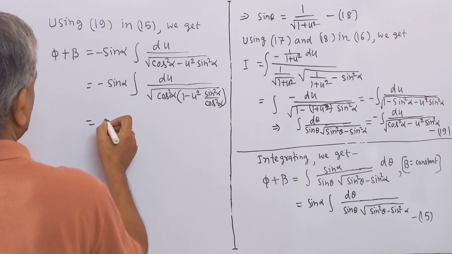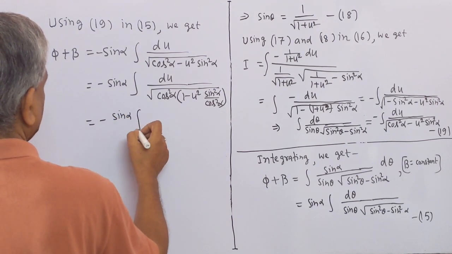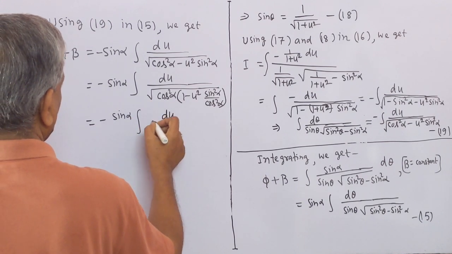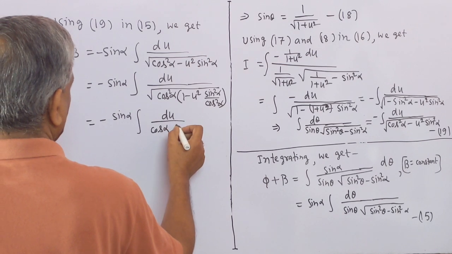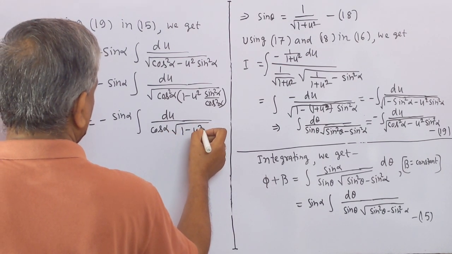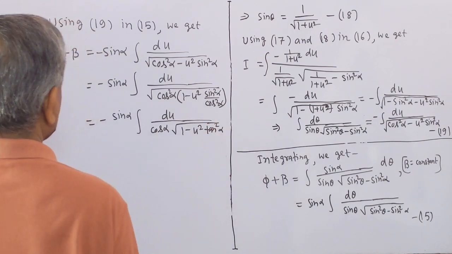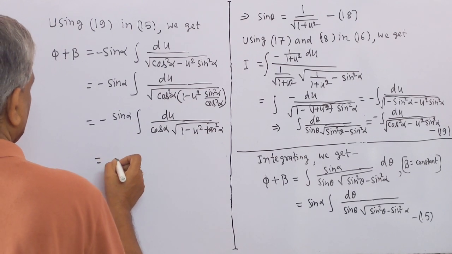This equals minus sin alpha integration, we take this outside, du by cos alpha, square root of 1 minus u square tan square alpha. Here sin alpha by cos alpha is tan alpha.